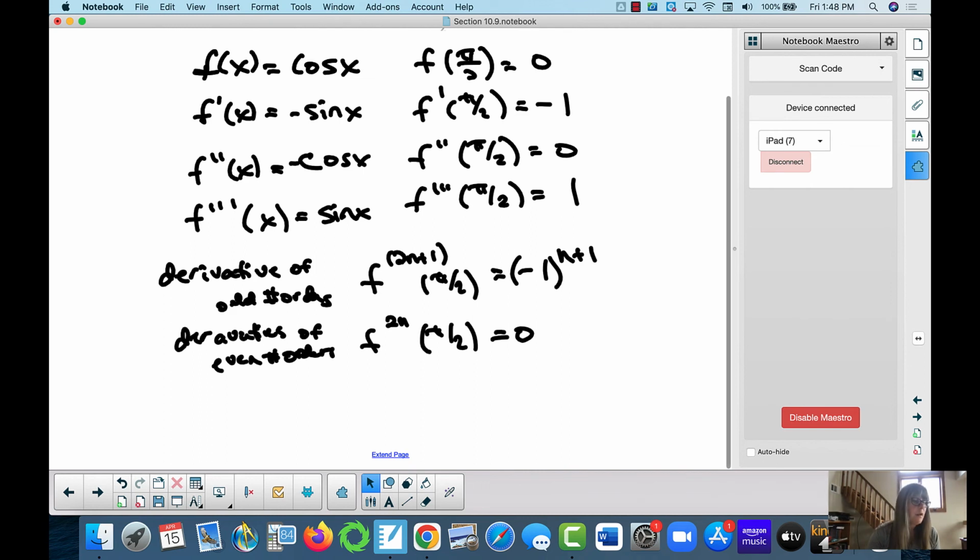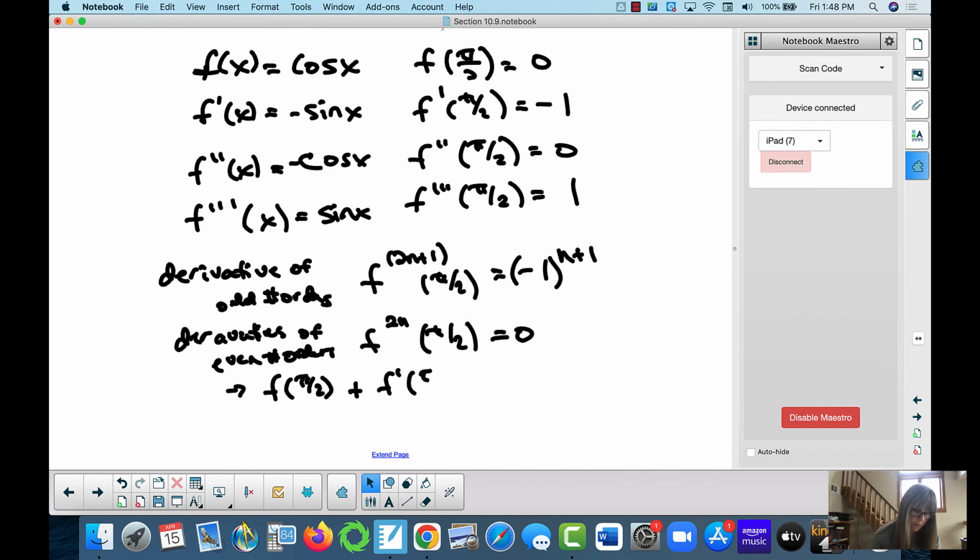So what that means is, using the Taylor series definition, which is f of pi over 2, f prime of pi over 2, f prime of c, and remember it's x minus c now, and then again that's over 1 factorial, which is just 1.